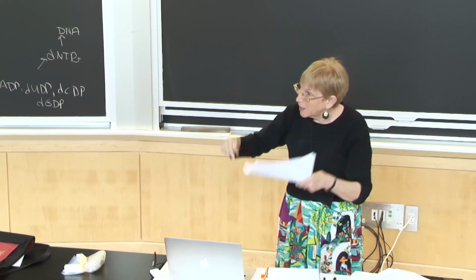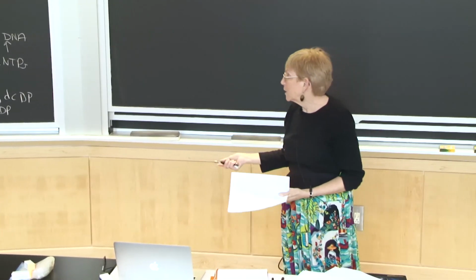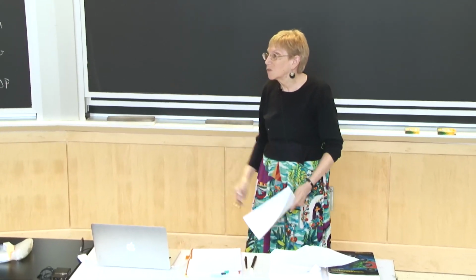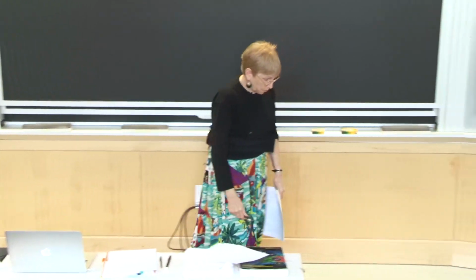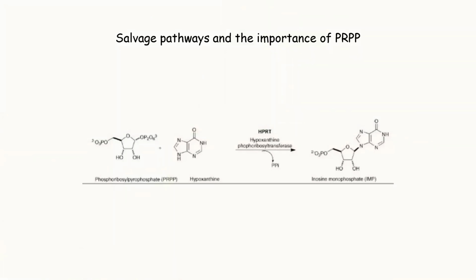Okay, so can you take those and make them into the right components to do RNA biosynthesis and DNA replication, make ATP, et cetera. And so here's an example of hypoxanthine reacting with our central phosphoribosyl pyrophosphate, which I had in the original slide that I talked about last time, to make, in this case, the nucleotide.